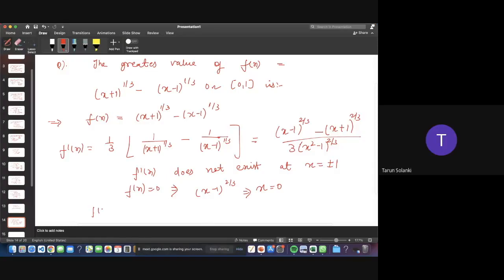So f dash x equals 0 for any value of x belonging to 0 to 1, which means f(x) at x equals 0 is 2. So the greatest value of f(x) is 2. Okay.